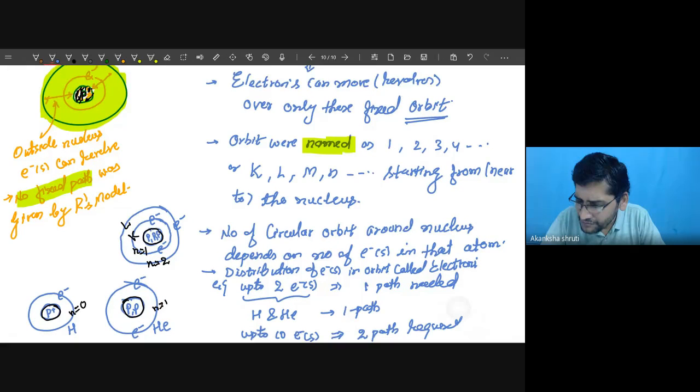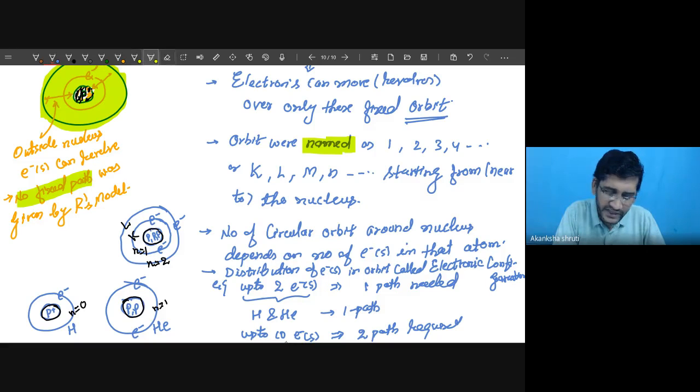So the concept of electronic configuration is very helpful in understanding why sodium is able to form Na+, and why magnesium is able to form Mg2+. Okay, all these things. So the concept of electronic configuration was very important.